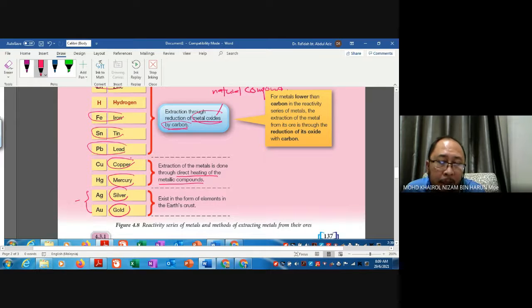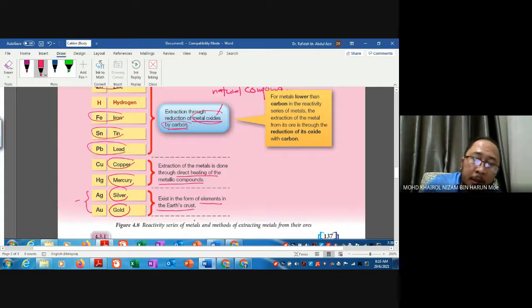So we take the natural compound or the ore, and then we just heat it directly, so we can separate the copper and mercury. That is the method. And for silver and gold, these two types of metal exist in the form of elements in the earth's crust.